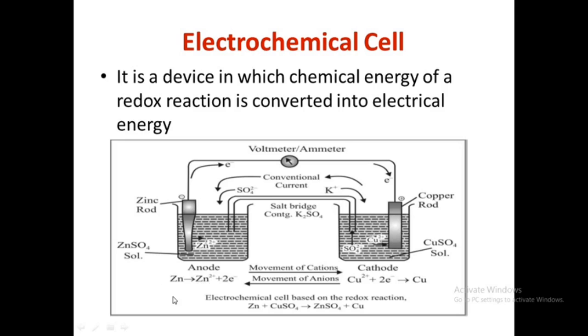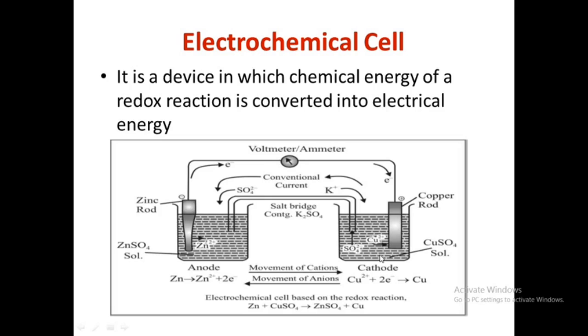That means zinc is converted into Zn2+ ion, forming two free electrons, and those free electrons will move from the zinc electrode to the copper electrode through the external wire. In the copper electrode, the Cu2+ ions from the solution combine with the two extra electrons to form Cu.